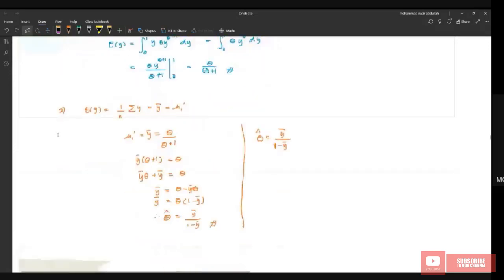So we include y bar into the formula: 0.35 divided by 1 minus 0.35. So this comes to 0.54. So this is a point estimate. This is the point estimator, right?